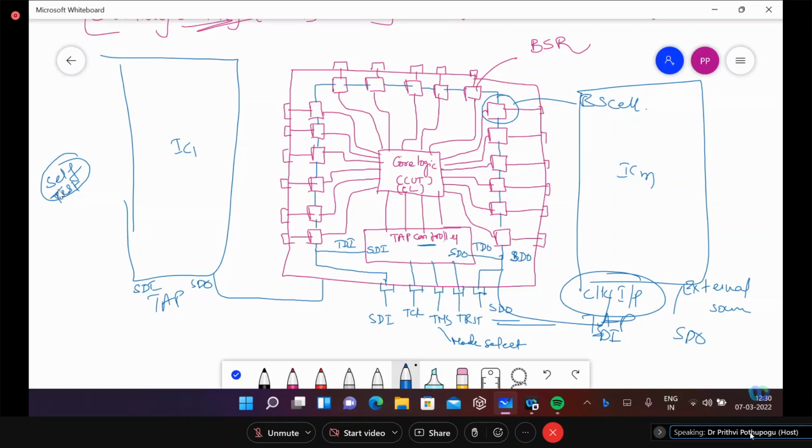Okay, that means the tap controller will be issuing what is to be given as the SDI, and what mode it has to be operated, whether it is a normal mode or a testing mode will be decided, and it will be taking out this IC response that will be monitored with the fault-free response, and it will issue a signal saying that the IC is working properly or the IC has a malfunction. Okay, self-tests are there now, whatever available now. The present technology is facilitating that self-test procedure.